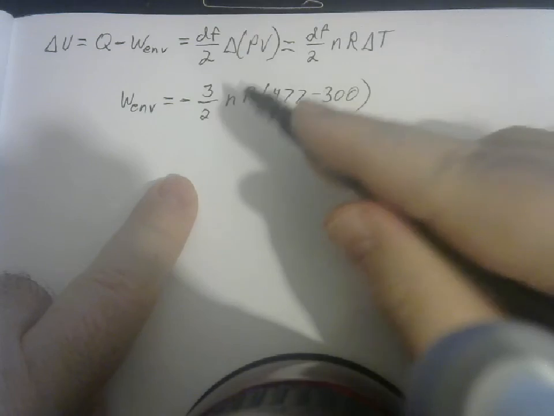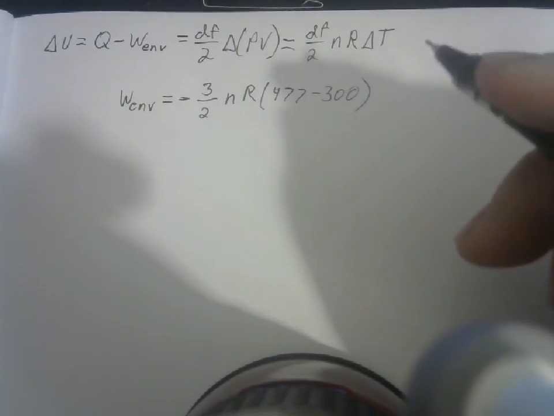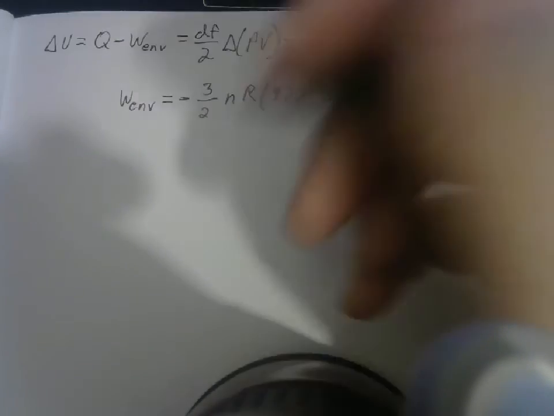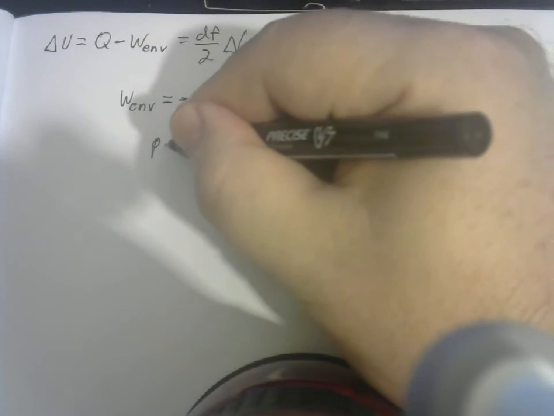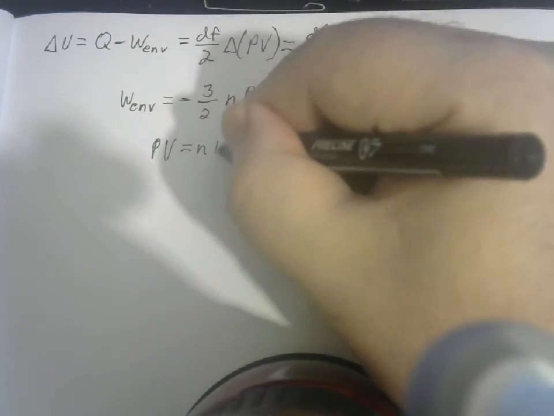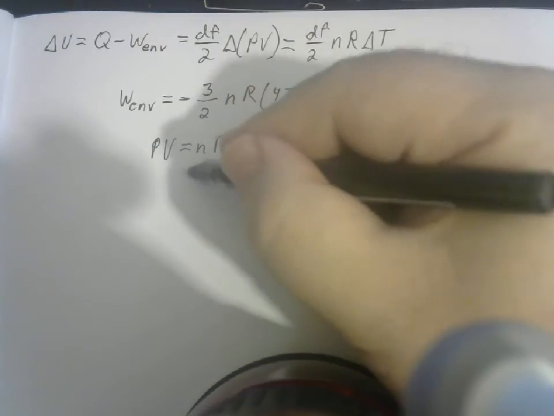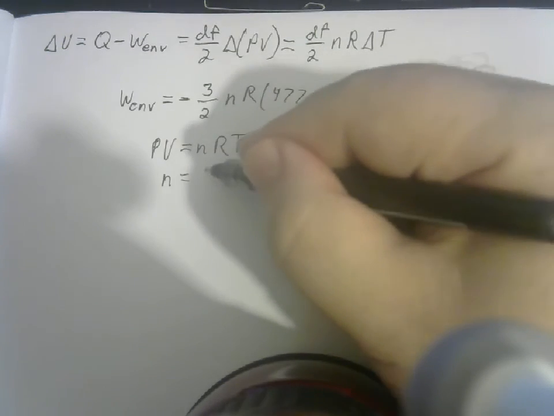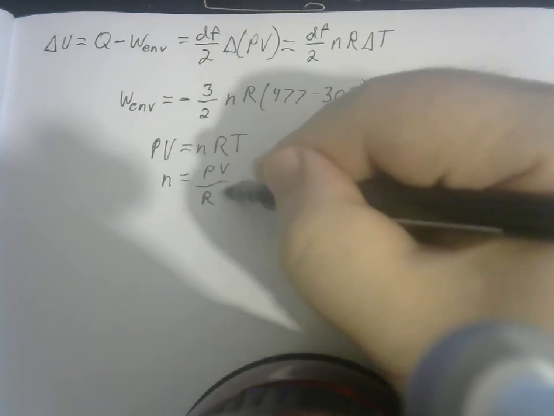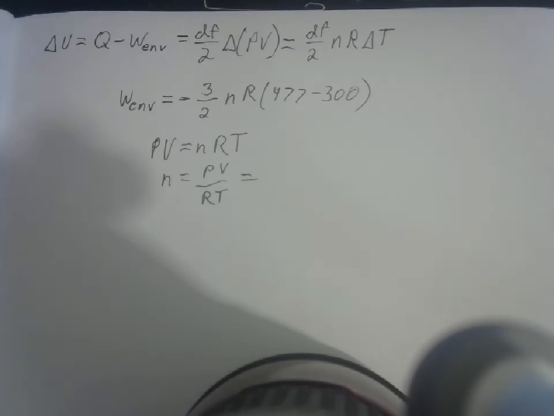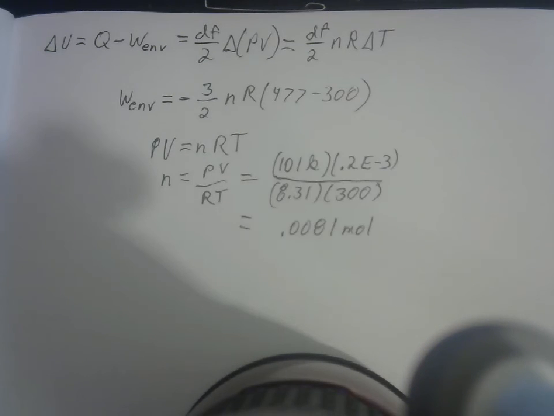Trouble is I don't have n. So how do I find that? Well, I've got the initial temperature, and so I could use PV equals nRT for this to find n. n equals PV over RT, which we're going to have. I got 0.0081 moles.